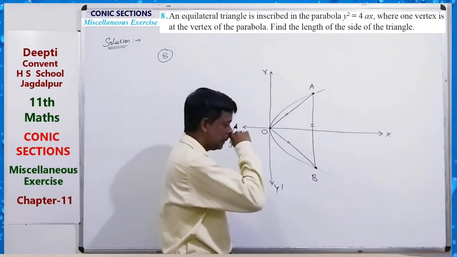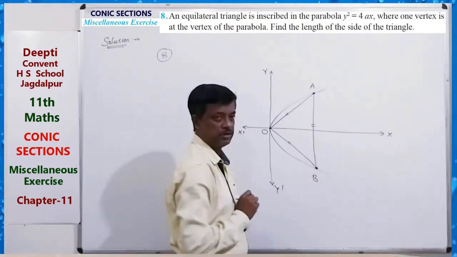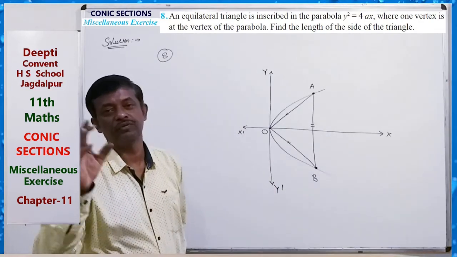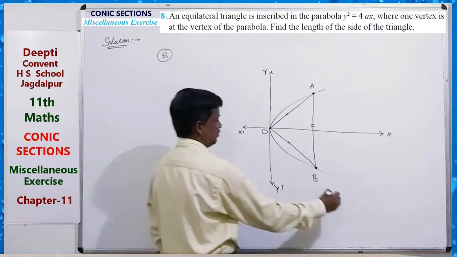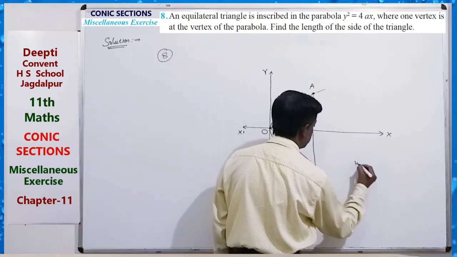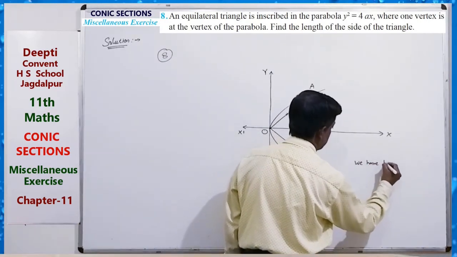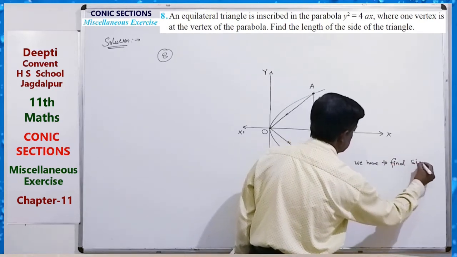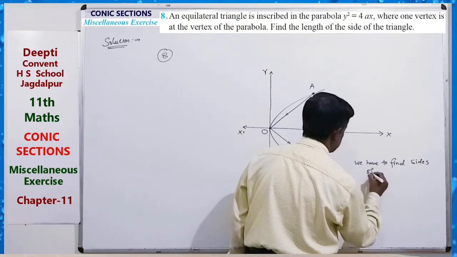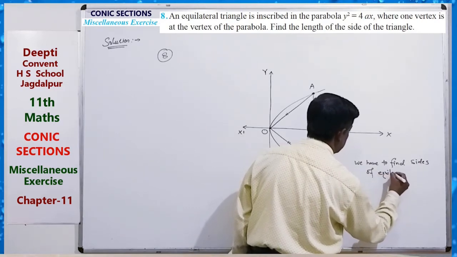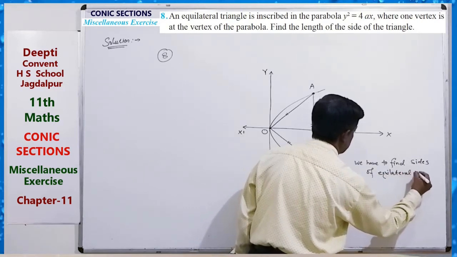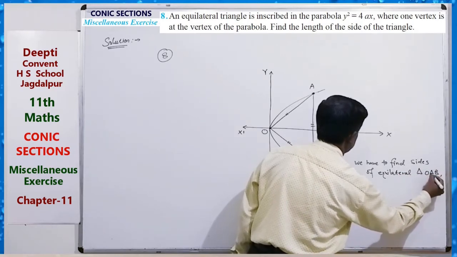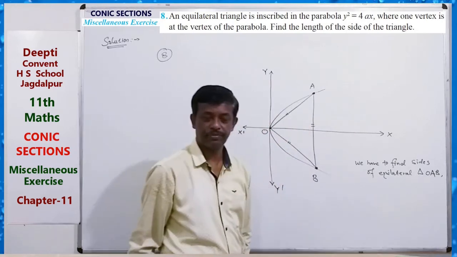Now, this is 0, 0, the origin, and it is an equilateral triangle. So we have to find the side of the equilateral triangle OAB. Clear?